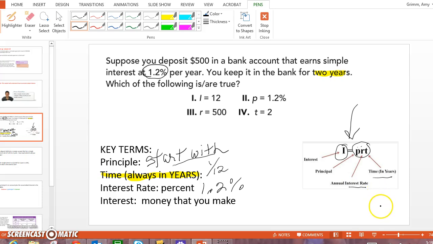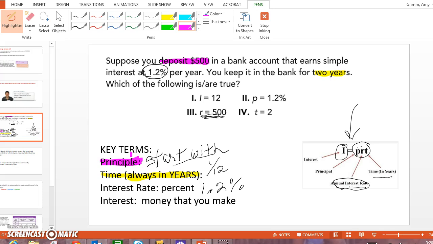So if we go back and look at our question, it says, which of the following are true? So this is saying R equals 500. So that's saying that the rate right here is 500. Well, that doesn't make sense because if I look at the question, it says I deposit 500. If I deposit 500, that's what I'm starting with.